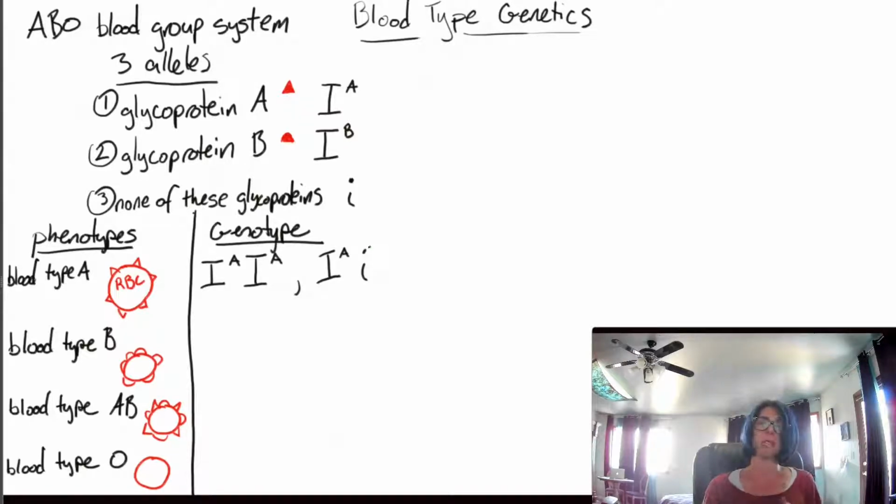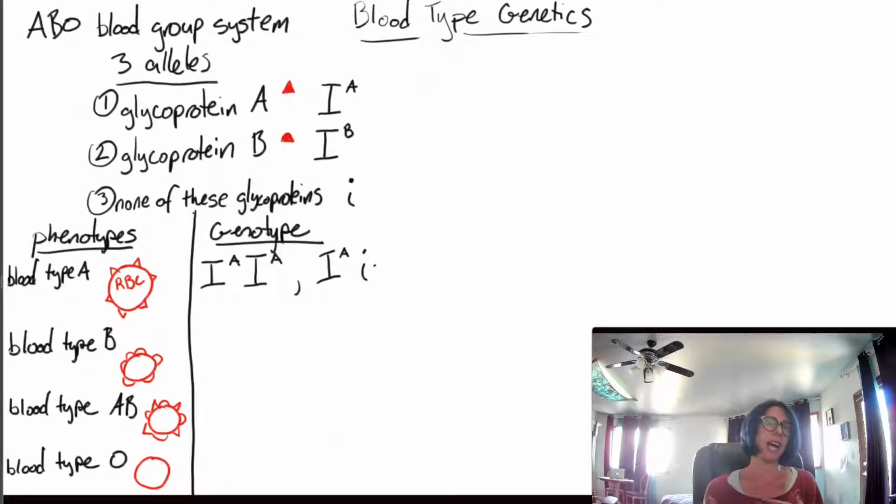What that means is, whenever the A and the O allele occur together as a pair, the recessive, or the O, is masked. So this person is not going to be both A and O. They're just going to be A. They're just going to be whatever the dominant allele is.